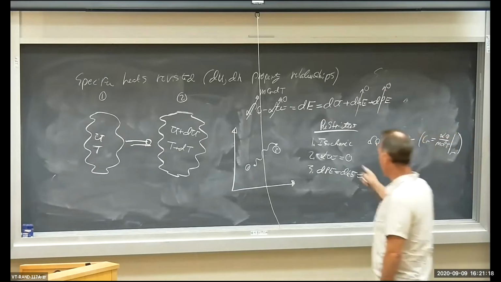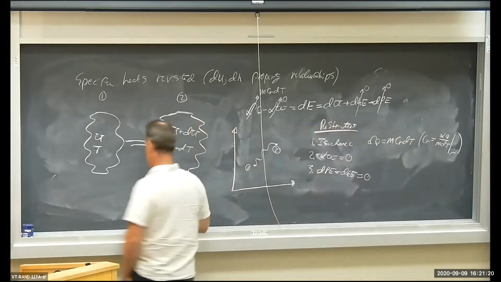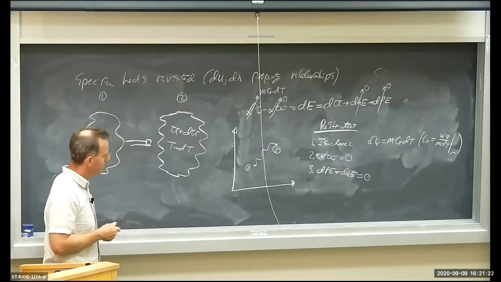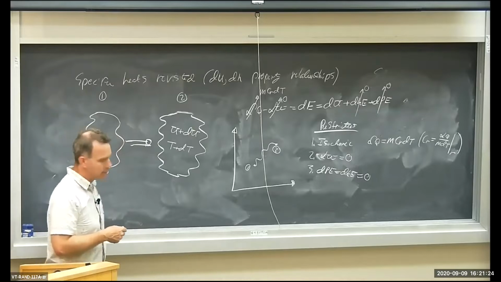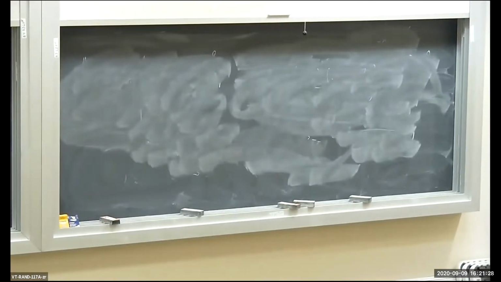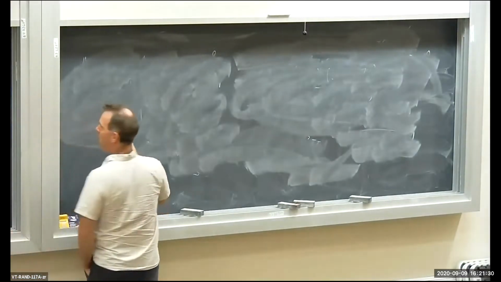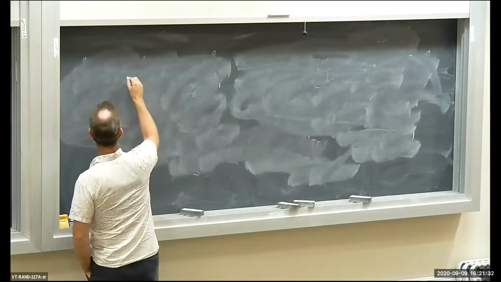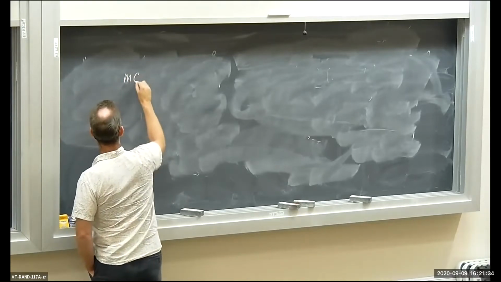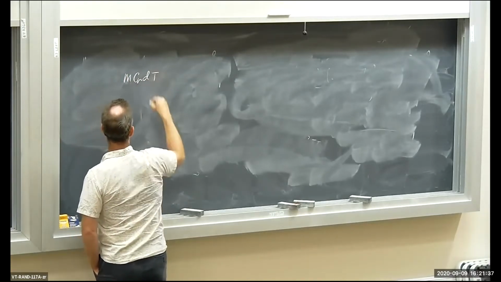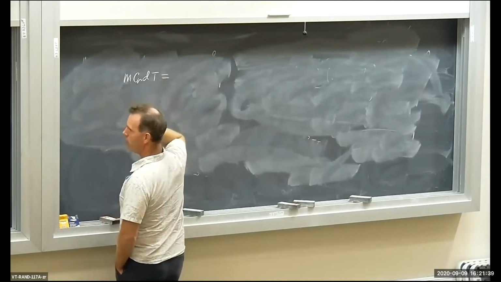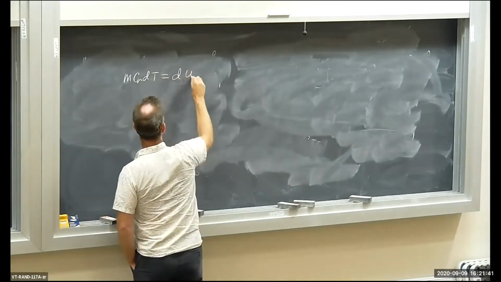The key here is the isochoric process. That's the key. All right, let's write what we have left. Del Q, so we have m Cv dT is equal to dU.